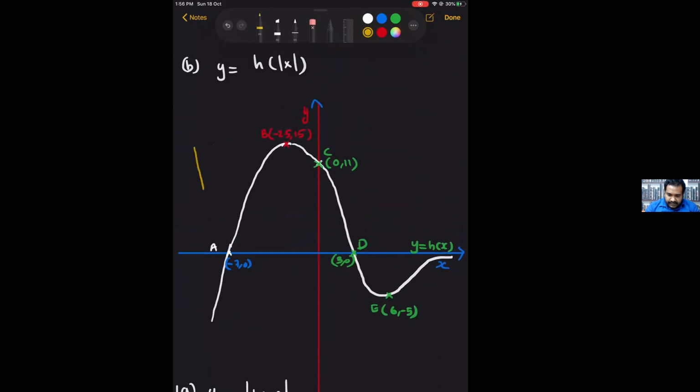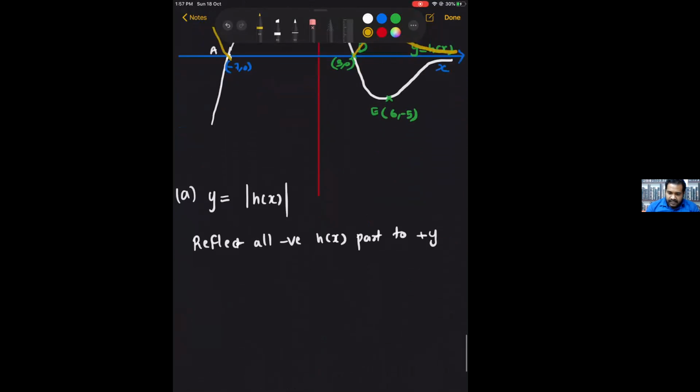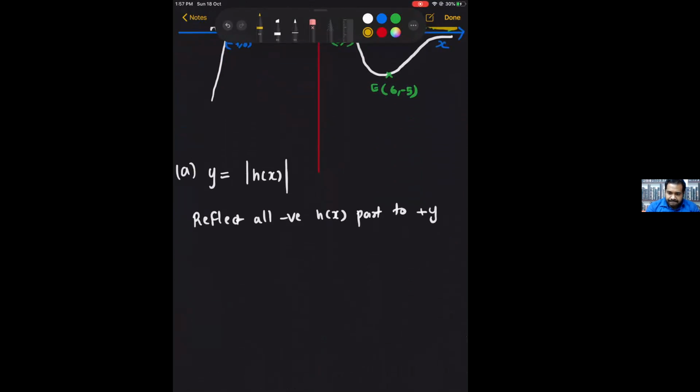We can reflect like this. So that means y is equal to h of x, the graph looks like this.